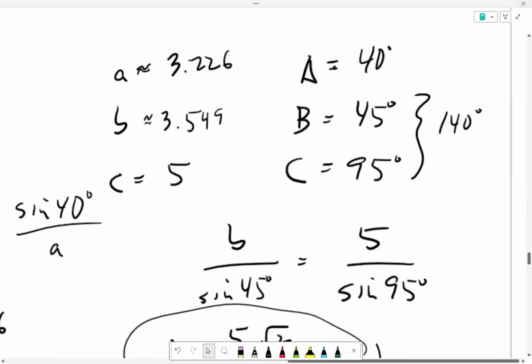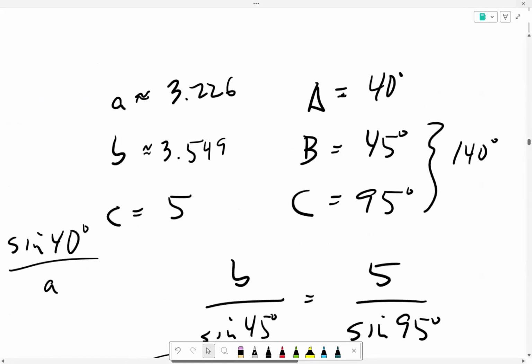Oh, and one of the reasons to leave it like this is so that you could just make sure everything's in order. What do I mean by that? Check with your neighbor. What does it mean for everything to be in order?